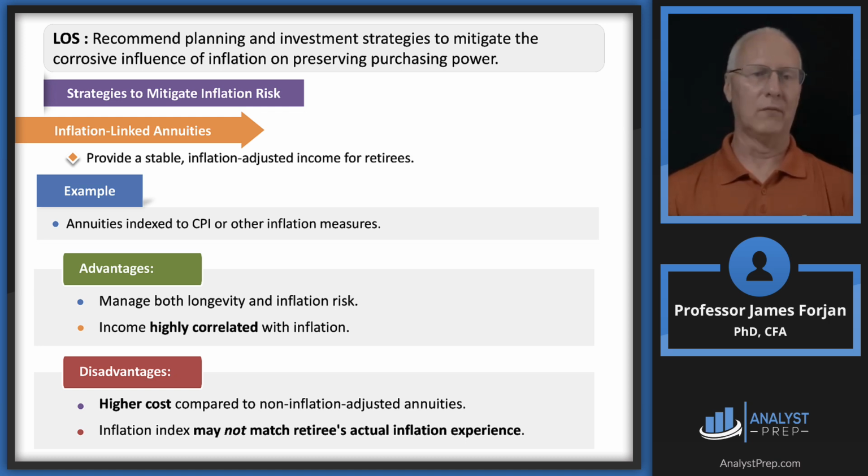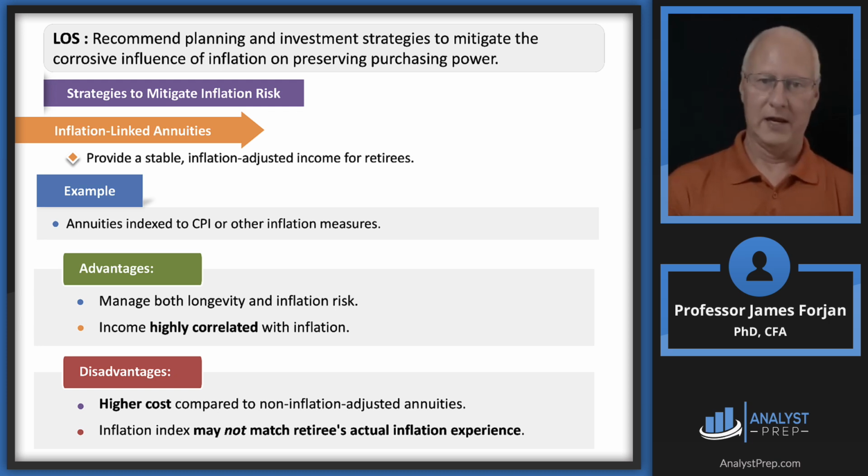So why do we like these things? Because they're good risk management tools. They can show us everything that we learned in the CFA program about the relationship between inflation and investment returns and bond returns and everything that we learned about beta.